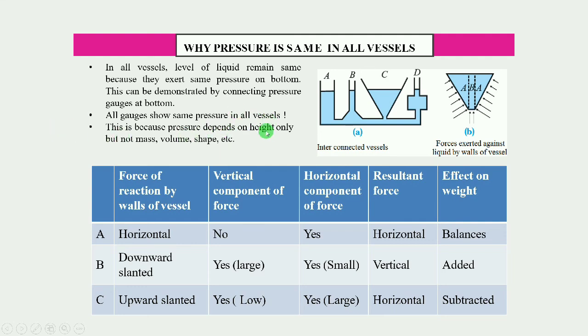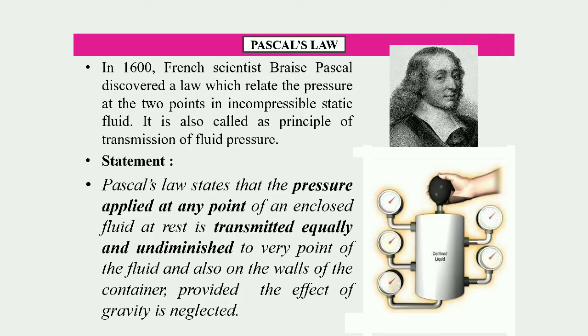This is because pressure depends on height, not on the mass, volume and shape, etc. This is the main theme, that pressure is directly proportional to height. It is independent of mass, volume, shape of the vessel, etc. And this is nothing but the hydrostatic paradox.